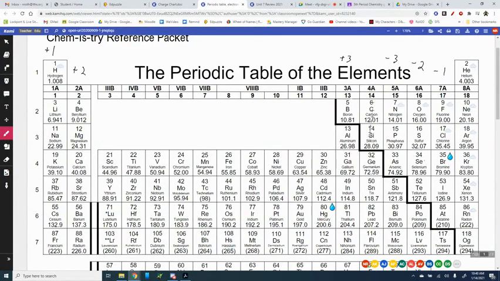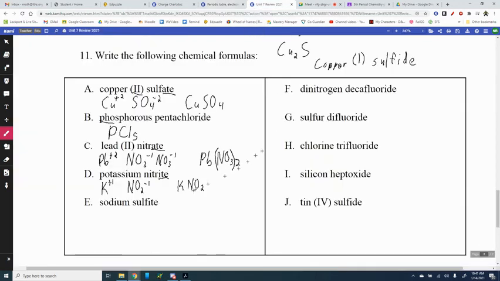Generally, elements in the fourth column don't participate in ionic compounds, or they are multiple charged ions, so they'll have a Roman numeral. So if it's in the fourth column, you don't have to worry about looking at the periodic table to find its charge. Fifth column is -3, sixth column is -2, seventh column is -1. Okay, cool.